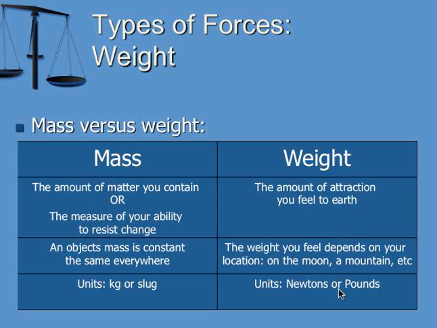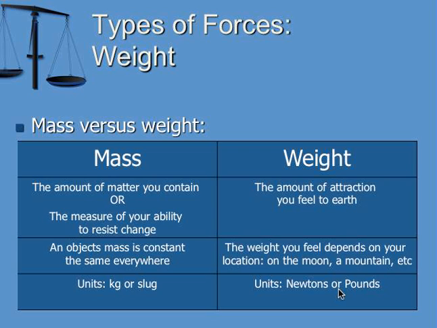It also conveniently is a measure of how well you are at resisting change. The more massive you are, the less you're going to accelerate if somebody pushes on you or pulls on you with a certain amount of force. That's a consequence of Newton's second law, F equals ma. So an object's mass is relatively constant everywhere.